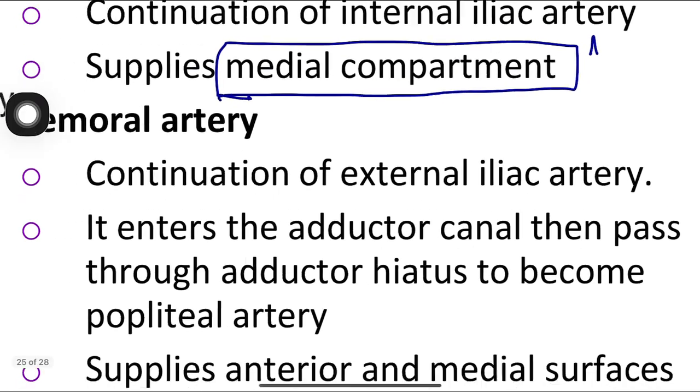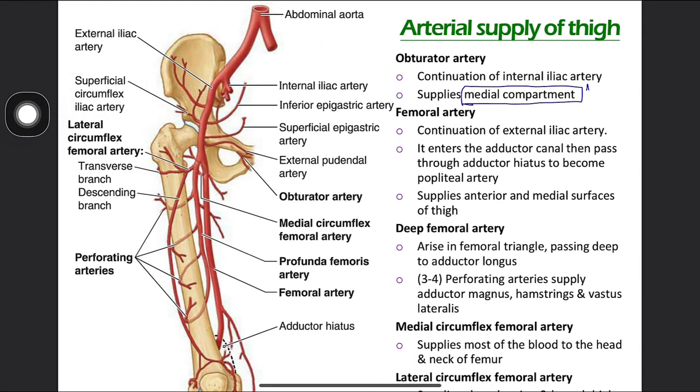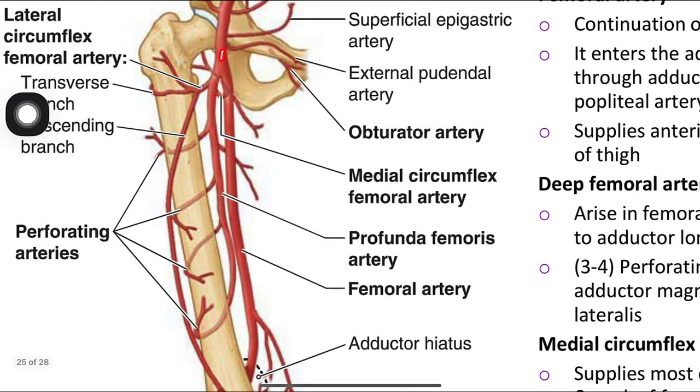So then down to the big brothers here, the femoral artery, a continuation of the external iliac artery. When it descends, first it will branch off the deep femoral artery.